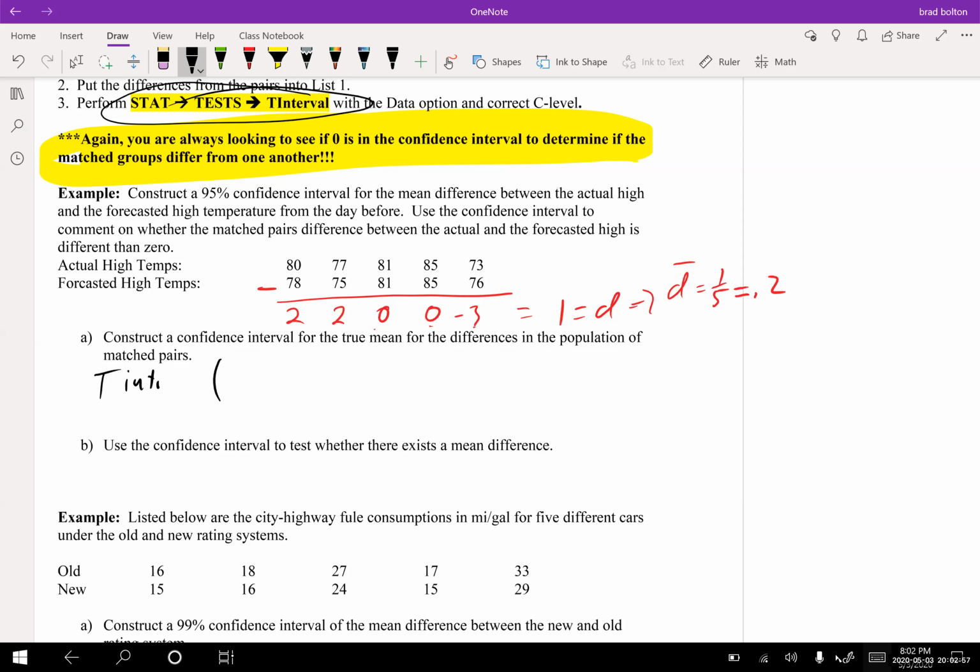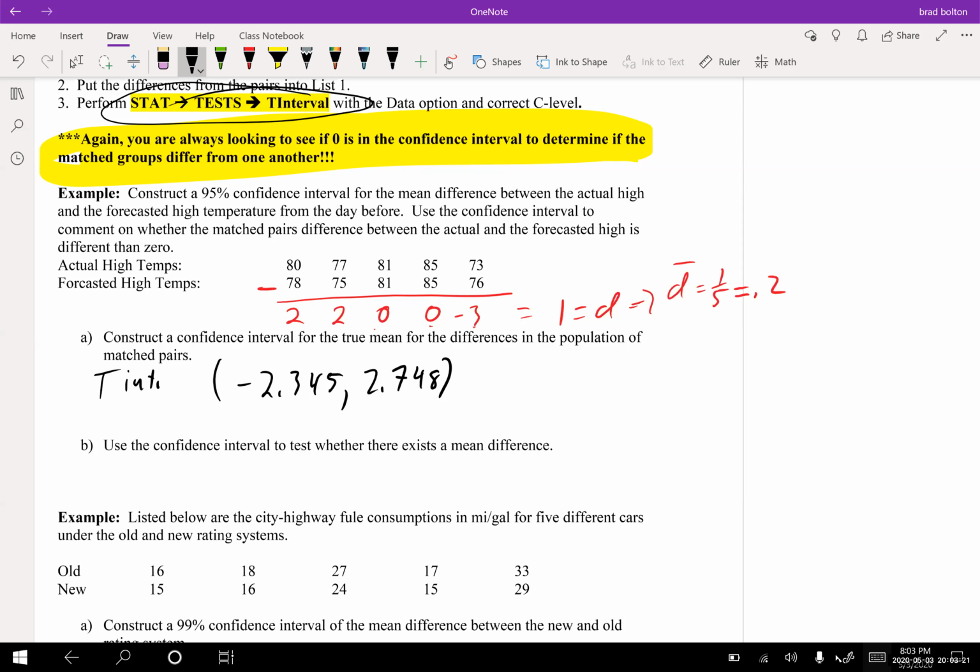Okay, so they give me -2.345, comma, 2.748, if you round off. And they say our x-bar is 0.2 and our standard deviation is 2.